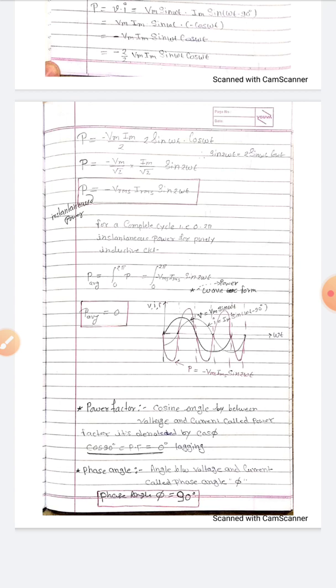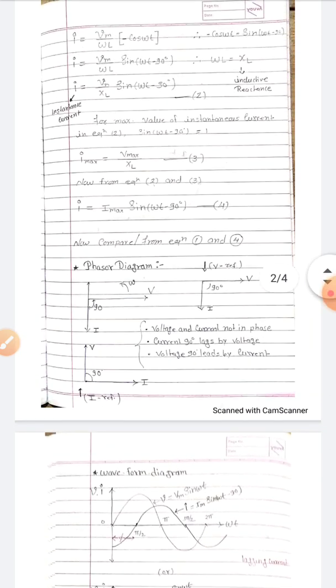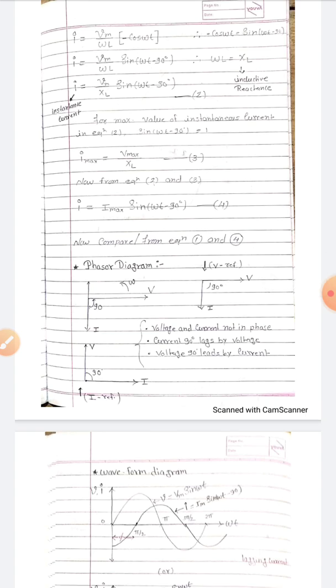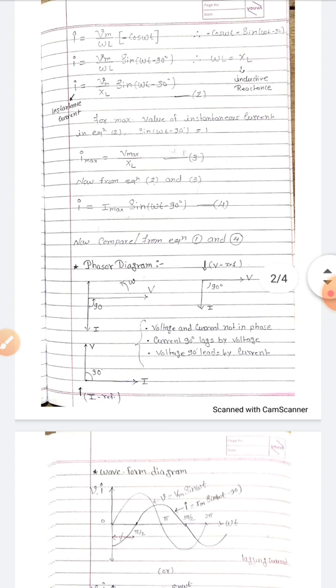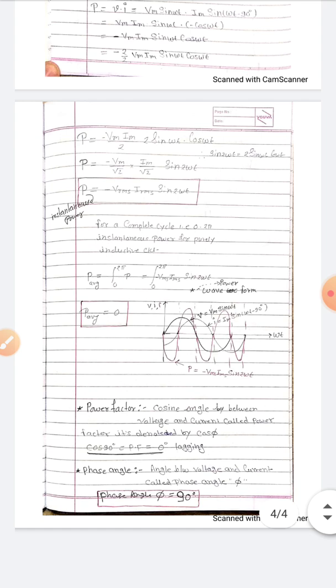The phase angle between applied voltage and current in a purely inductive circuit is 90 degrees. From equation number 1 and equation number 2, or from the phasor diagram, we know that the angle between applied voltage and current flowing through the purely inductive circuit is 90 degrees. It means phase angle phi is equal to 90 degrees.